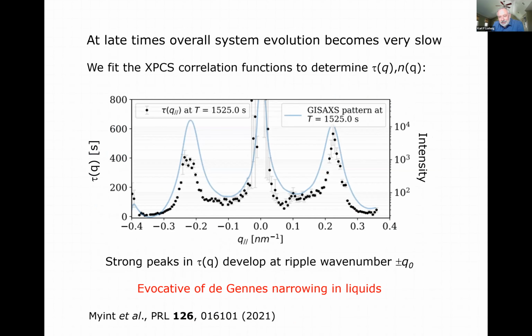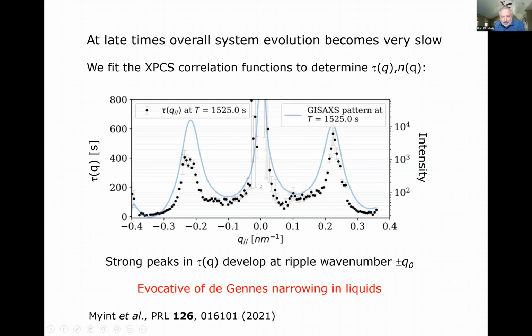So I get into this because when we start fitting these correlation curves, we see a wide variation in the correlation times as a function of Q parallel. And we also see a variation of these exponential relaxation coefficients, the powers n.